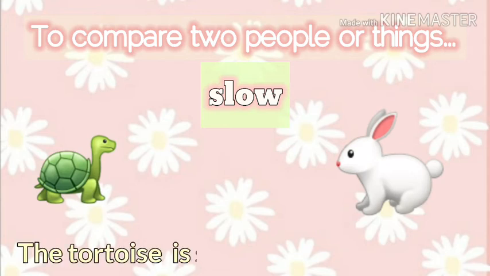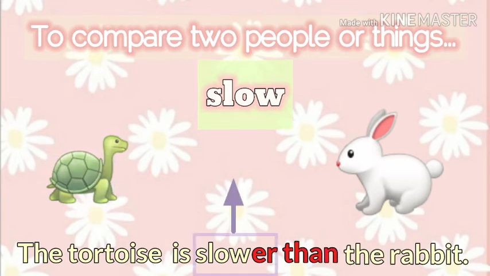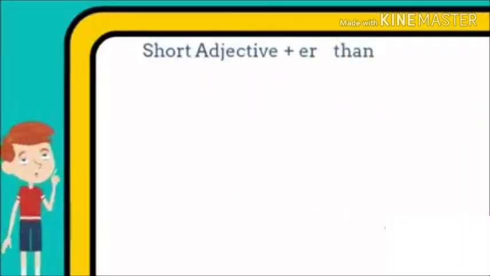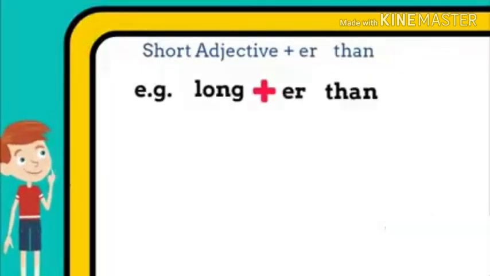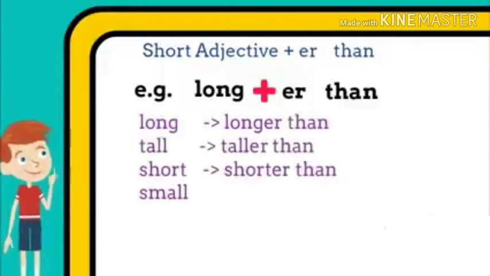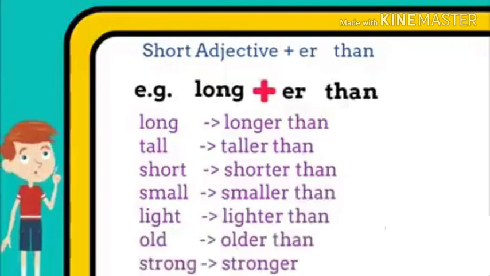The tortoise is slower than the rabbit. So the word slower is a comparative adjective. Let's see the rule. To the short adjective, we add er and than. Longer than, taller than, shorter than, smaller than, lighter than, older than, and stronger than.